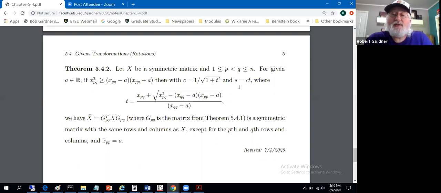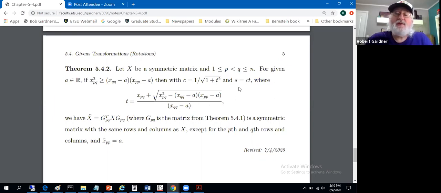Notice everything's being done in terms of the x sub pp's, x sub qq's, x sub pq's, and the a's. Because t is calculated like this, specifically exactly in terms of those.